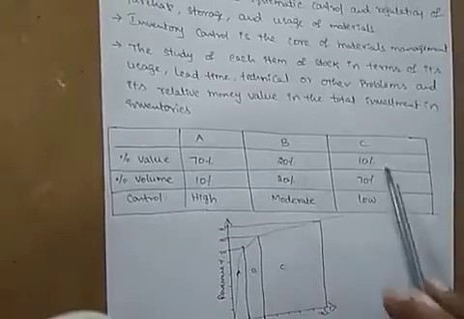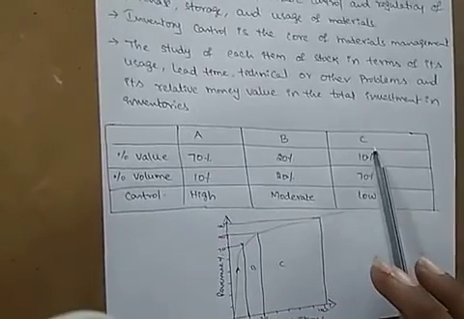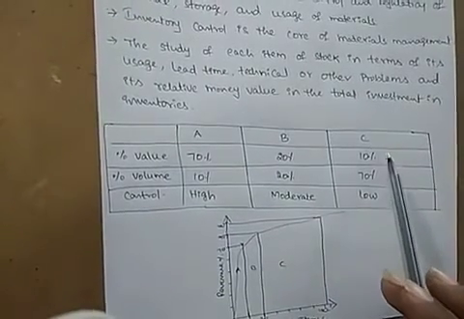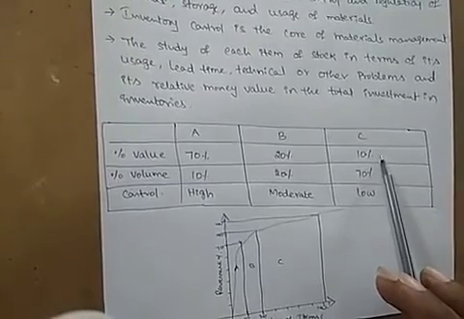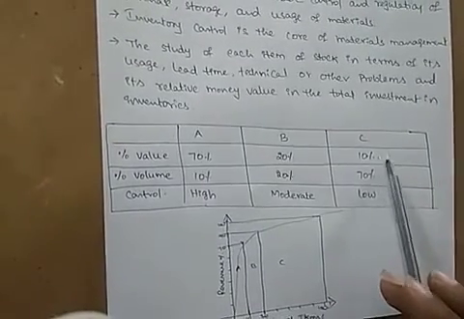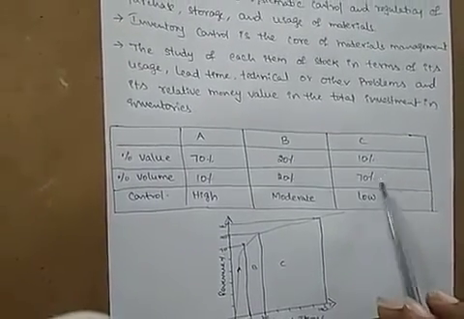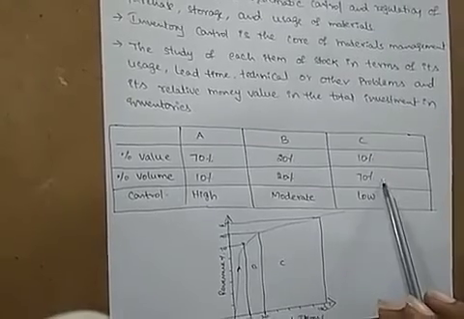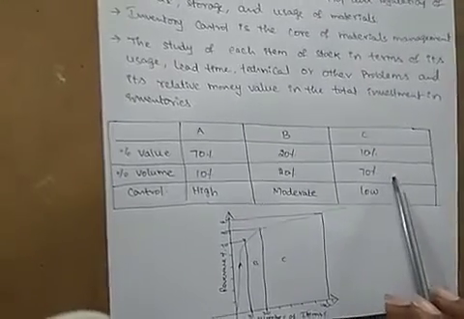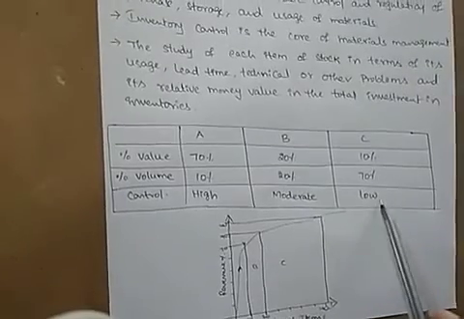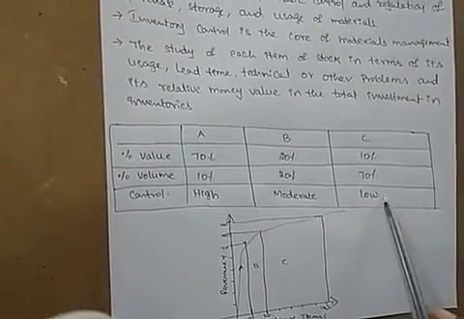Then let's go to the C category. In the C category we invest the least amount of funds, only 10%, but we receive 70% of the materials. So only low monitoring or low control is required here.